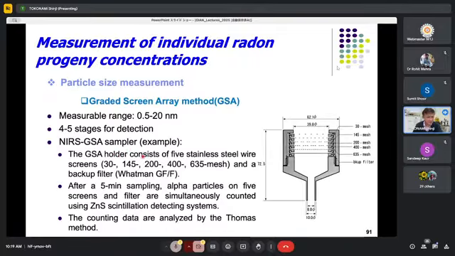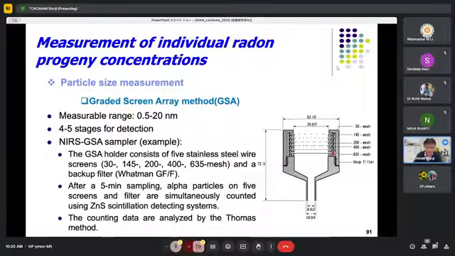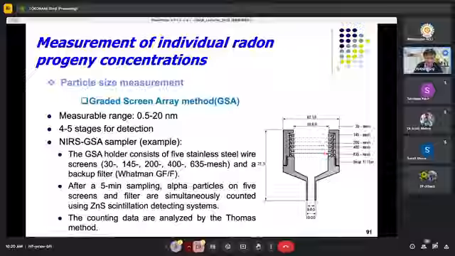The GSA holder consists of 5 stainless steel wire screens, 30, 145, 200, 400, and 635 mesh. We need different mesh screens, and a backup filter for attached progeny measurement.